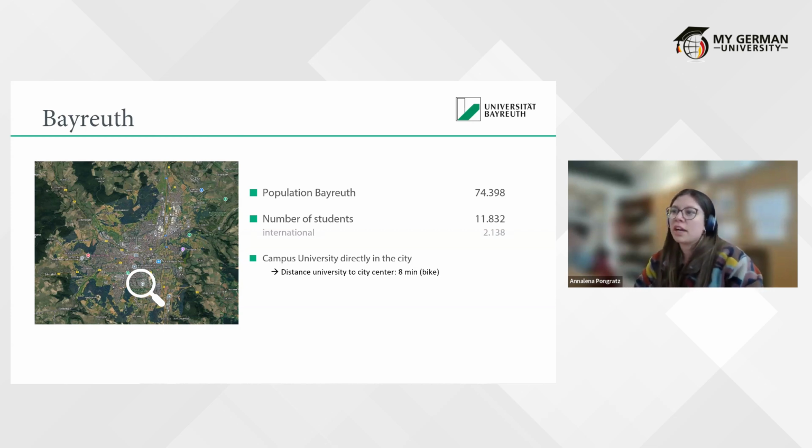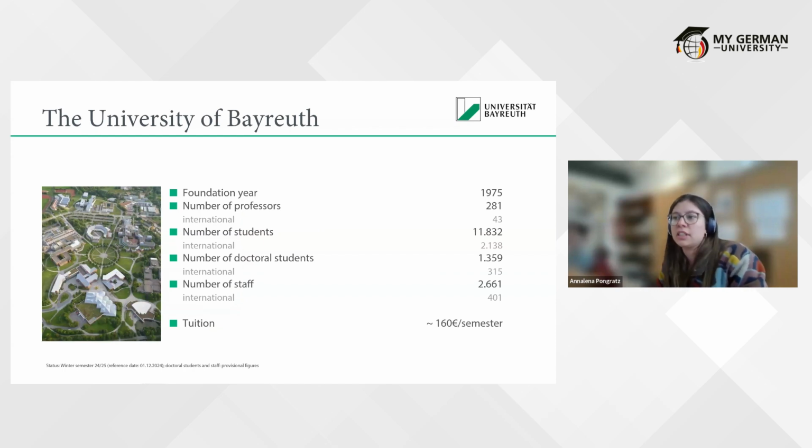The University of Bayreuth is a campus university, so everything is on campus. The foundation year is 1975, so it's a really young university. We have around 280 professors with 43 international professors, and as already mentioned, around 12,000 students.